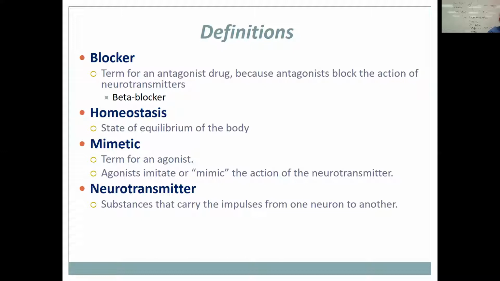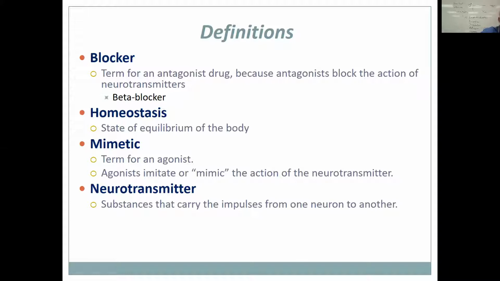They can mimic something. Mimetic is another term meaning something that mimics, and those are often agonists that mimic the activity of another component of the body that normally activates that system, works on that receptor or whatever.